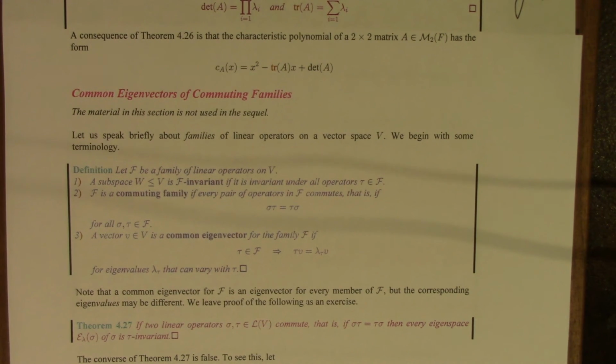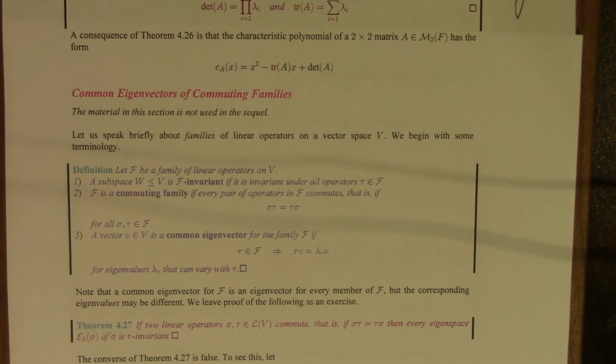What if we have two operators? It's reasonable to wonder if there's a single vector v for which the two operators behave optimally. In other words, v would be an eigenvector for both linear operators, something we call a common eigenvector for the two operators.